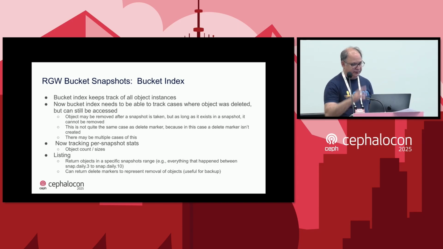So the bucket index is keeping track of all of that. The bucket index is also tracking the stats per snapshot. So we want to look at how the bucket looked when you were at any snapshot, including the number of objects and total size of these objects, and it's going to return that.